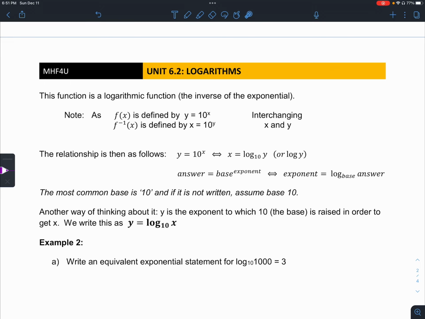In those instances, assume that the base is 10 if no base is written. Another way of thinking about it is y is the exponent to which 10, the base, is raised in order to get x. Okay, so that's another way of thinking about it.